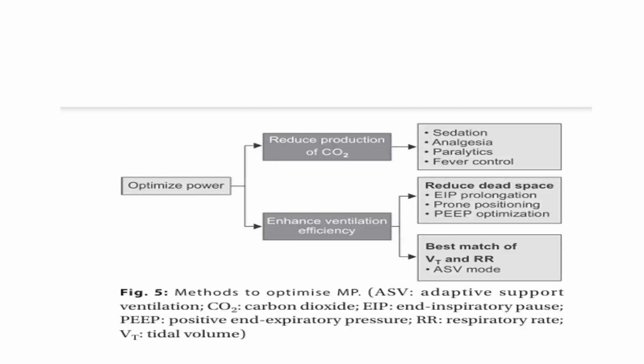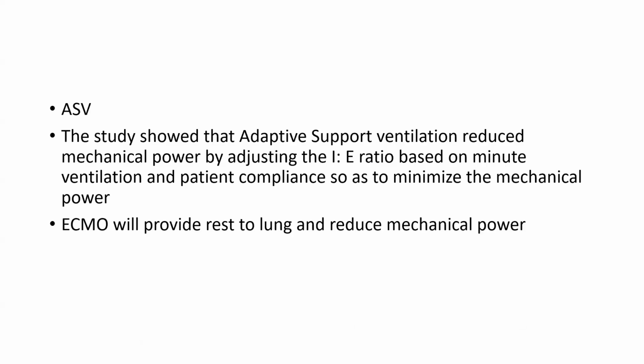And best match of tidal volume and RR by using adaptive support ventilation. Regarding adaptive support ventilation, the study showed that it reduced the mechanical power by adjusting the I:E ratio based on minute ventilation and the patient's compliance, so that it minimizes the mechanical power. ECMO will provide rest to the lung and reduce the mechanical power. Thank you guys.